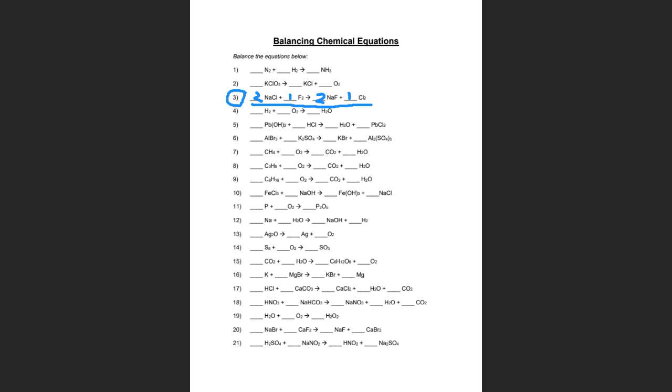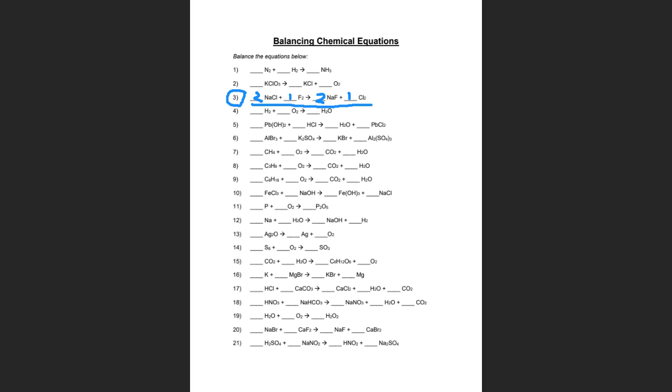So now look into here. He put 2 in front of sodium chloride, or NaCl, because we have 2 chlorine atoms on the right side. So when he put 2 in front of NaCl, he makes sure that he now has 2 chlorine atoms on the left and right side.